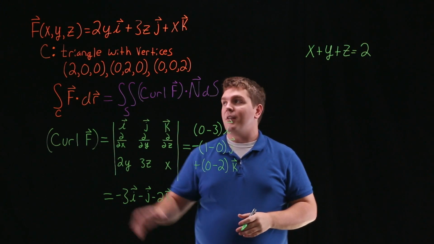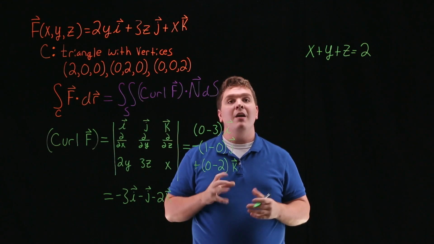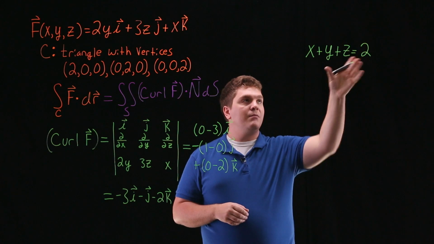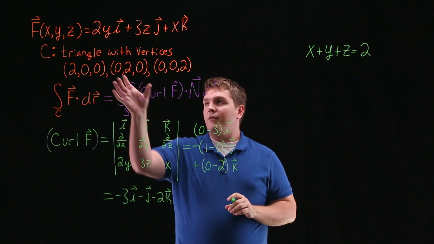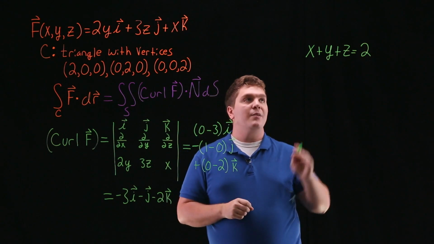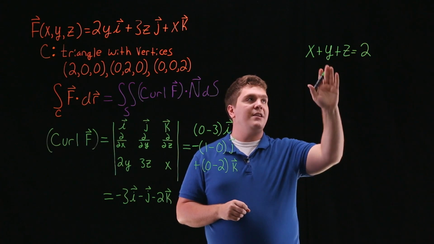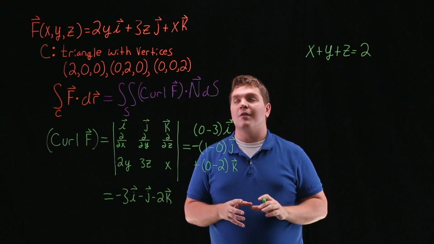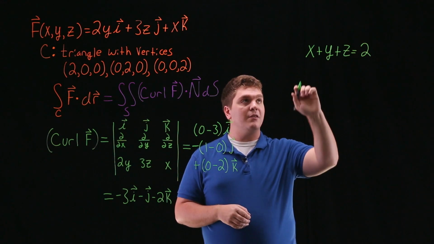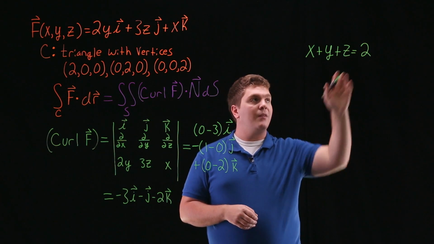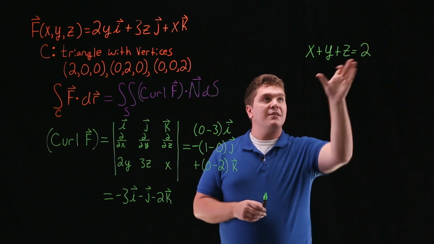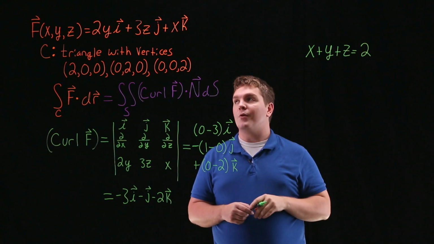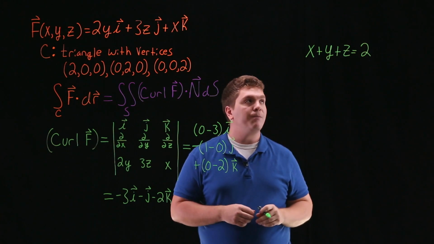We can verify the points lie in this plane: substituting 2 for x and 0 for y and z gives 2 equals 2; for (0, 2, 0) we get 2 equals 2; and for (0, 0, 2) we again get 2 equals 2. So this is the plane containing the three vertices of our triangle.